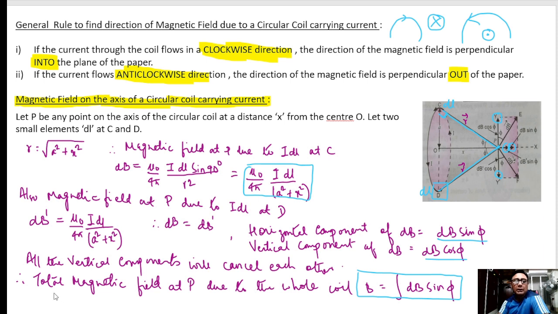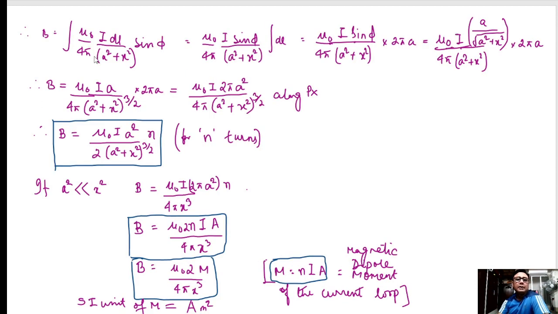So the total magnetic field at P due to the whole coil will be the integration of all the dB sin phi. Now dB is mu 0 by 4 pi, I dl, sin 90 is 1, over r square, times sin phi. These parts are fully constants, so we integrate dl, and dl means the whole circular wire, which is 2 pi a.